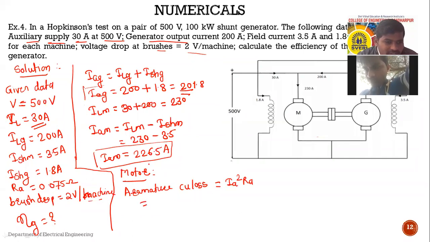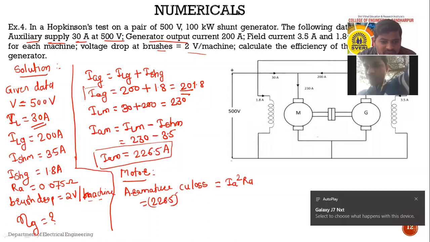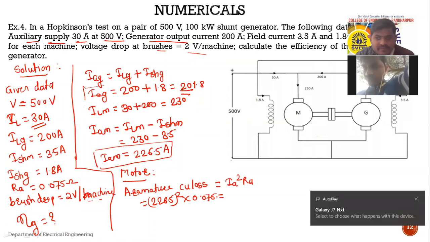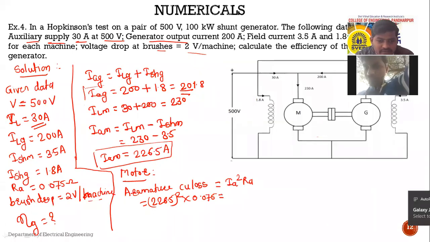What is the value of IA in case of motor? It is equals to 226.5 bracket square into RA, 0.075. किती आहे ती व्हॅल्यू? कॅल्क्युलेशन करा.